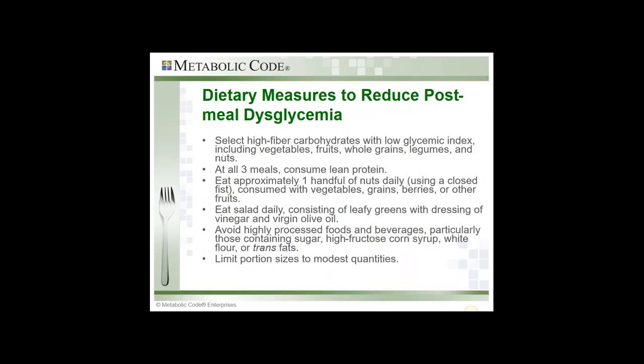That really helps hold down the glycemic response of that meal. The other thing is to eat a handful of nuts a day. Believe it or not, when we eat nuts daily, this helps reduce post-meal dysglycemia.